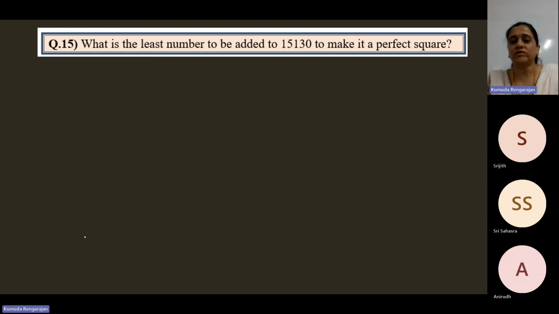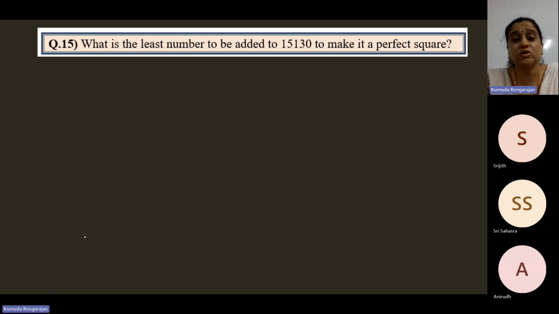So find the square root. Write in the question: find the square root of the given number using the long division method. The given number is not a perfect square, so when you try to find its square root, you will not get zero remainder.